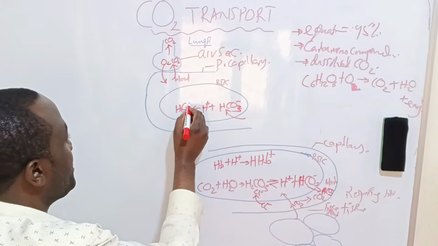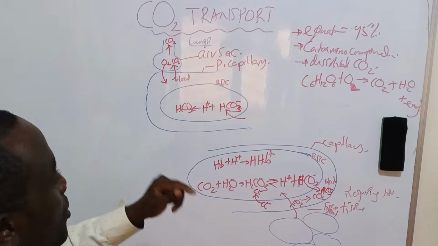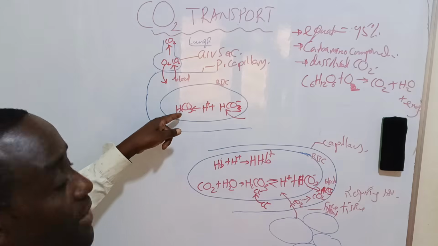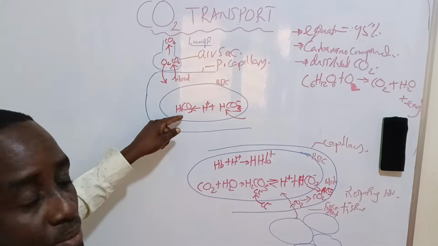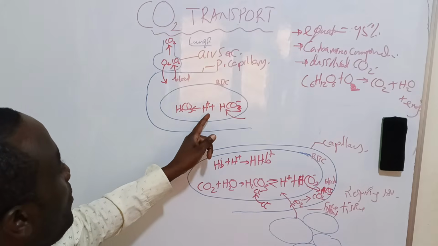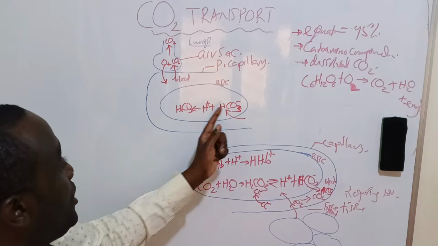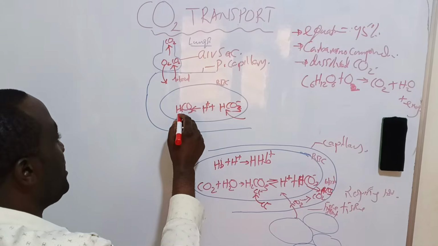Why are you expecting carbonic acid to form here? Because no more carbon dioxide is entering here, because there is low partial pressure of carbon dioxide this way. So the equation now becomes spontaneous, as these ones are reacting with this one here to form carbonic acid.